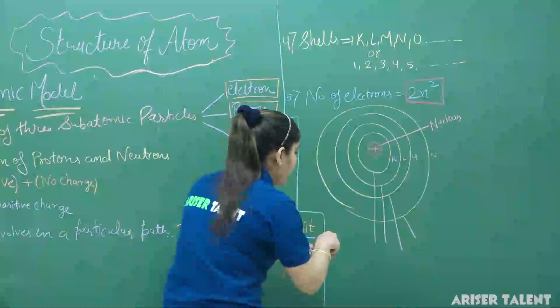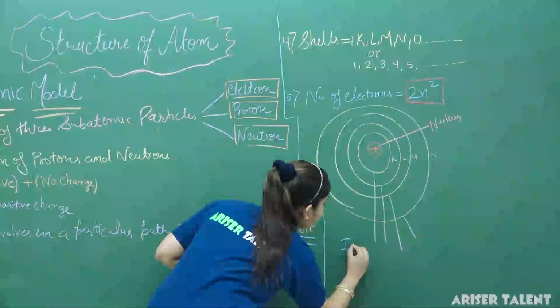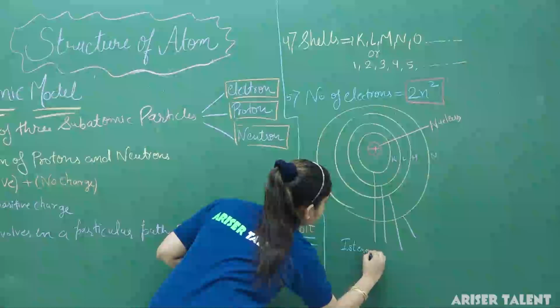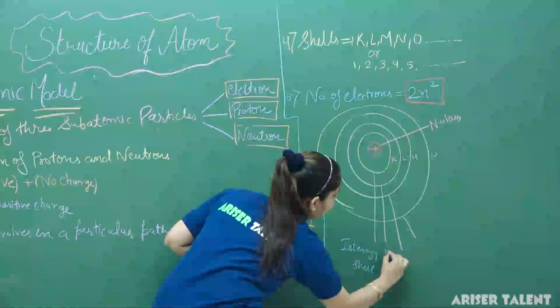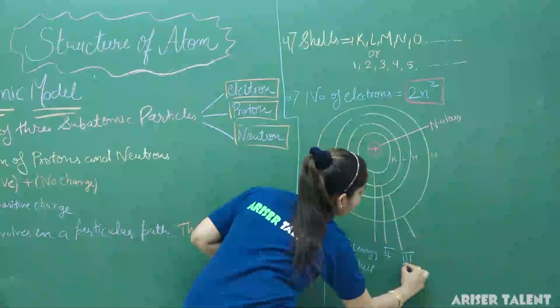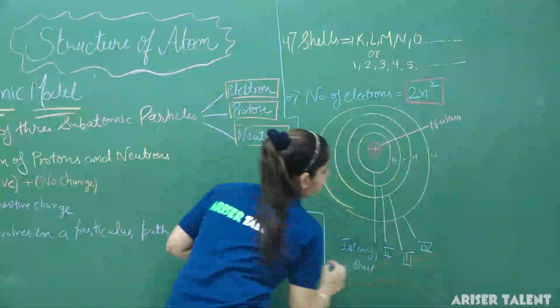We can write K, L, M and N as the first energy shell, second, third and fourth energy shell.